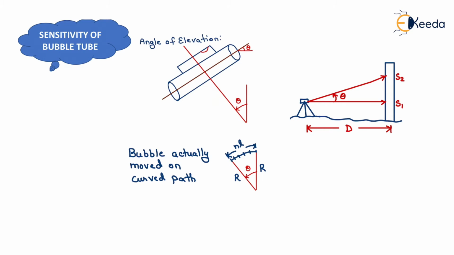So we had drawn the figure like this, that if we raise the level by an amount theta and the reading on the staff will change from S1 to S2, then the bubble will move like this, and the total movement of the bubble is actually in curved path, and it will be equal to n into L. Okay, and this angle is theta, and this r is the radius of the bubble tube.